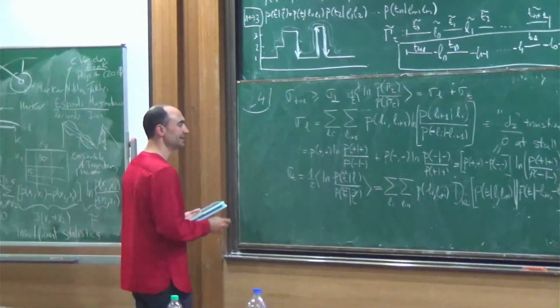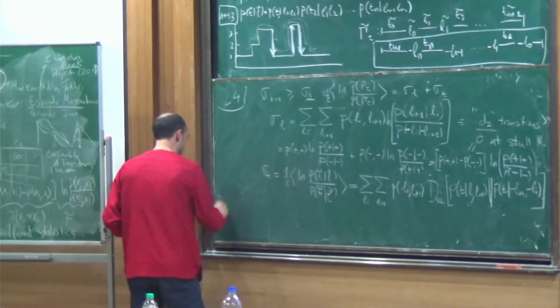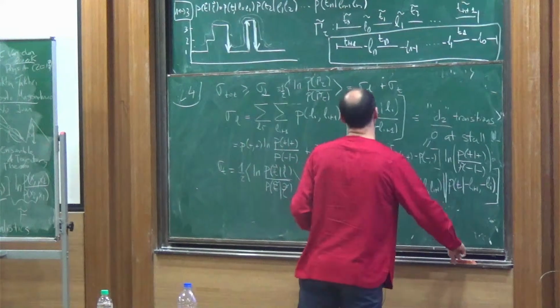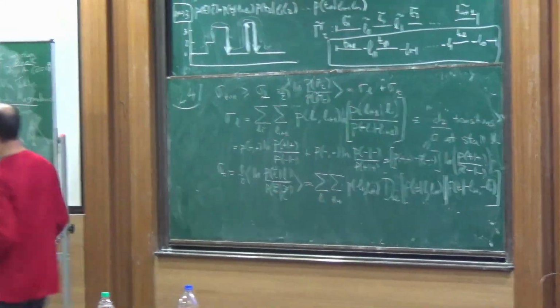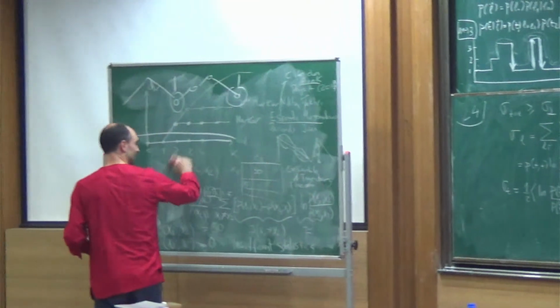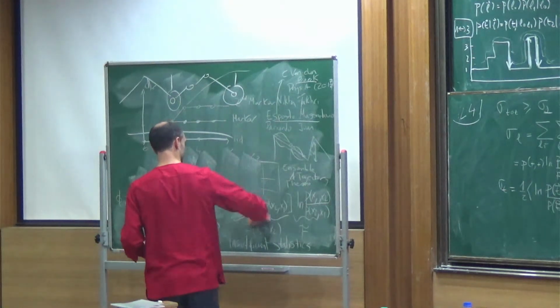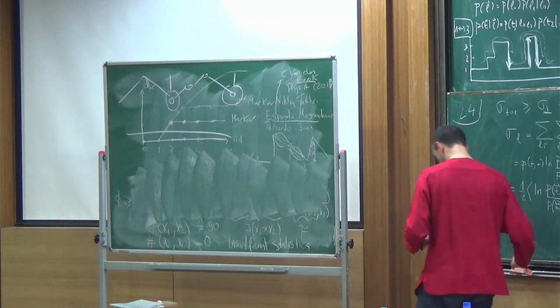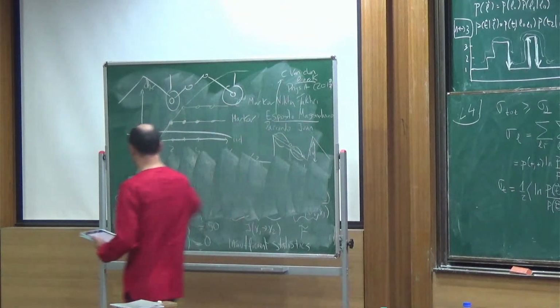This Kullback-Leibler divergence takes the form D_KL. Sorry, it's best if I write it on the left. This Kullback-Leibler divergence is a bit different because it is for time densities.